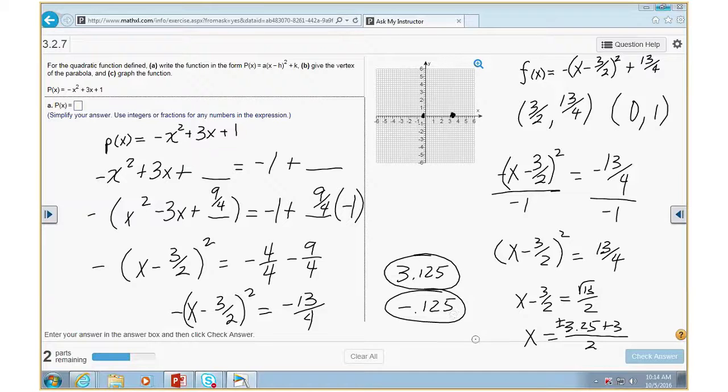You got a 0, positive 1 right there, and our vertex is 1.5 and 3.25. Oh my gosh, what's it doing? It's opening down, which it tells you it's opening down. 3.125 and negative 0.125.